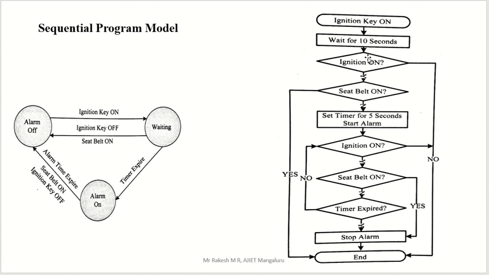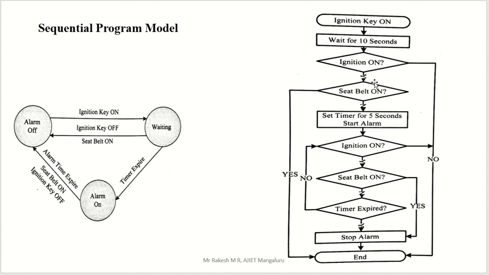If the ignition is on, it goes to the next step. If no, the ignition is off, and you have to end completely. If the ignition is on, then go to the next check: is the seat belt on? If yes, the seat belt is on, then no problem, end.